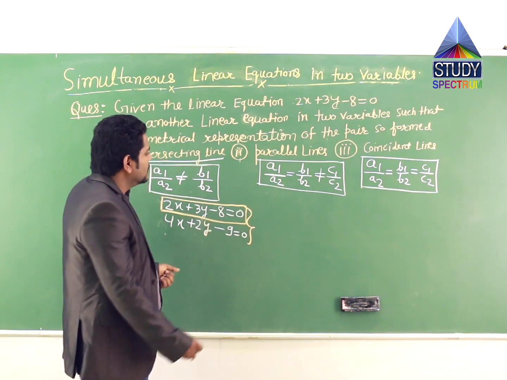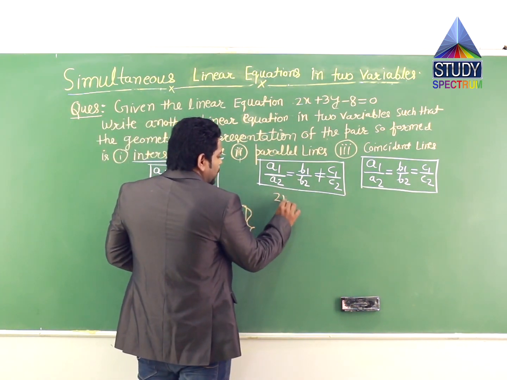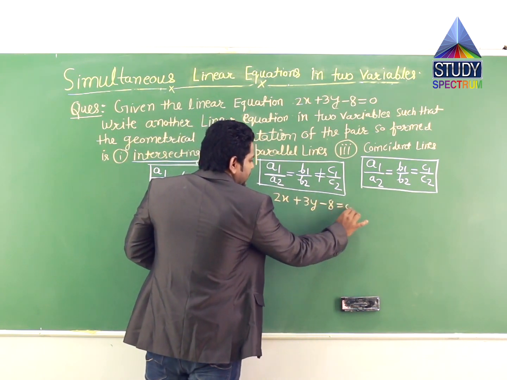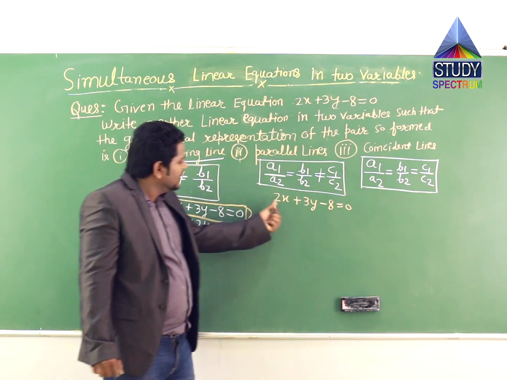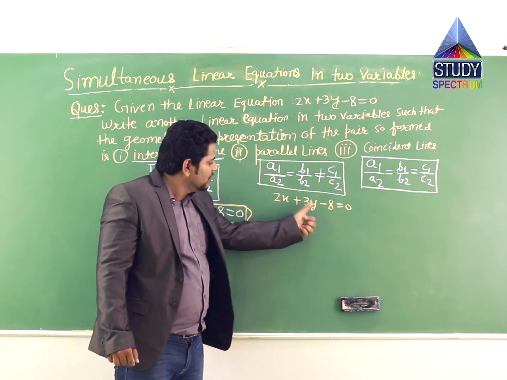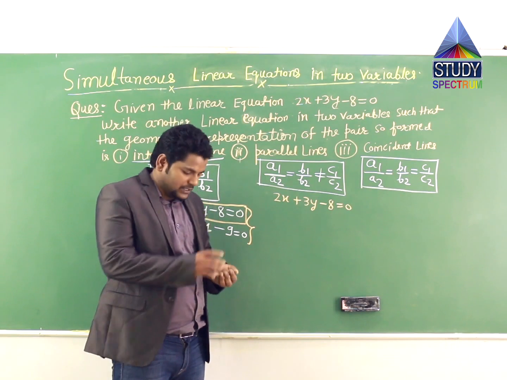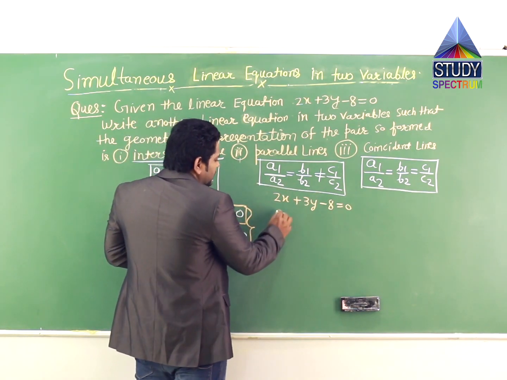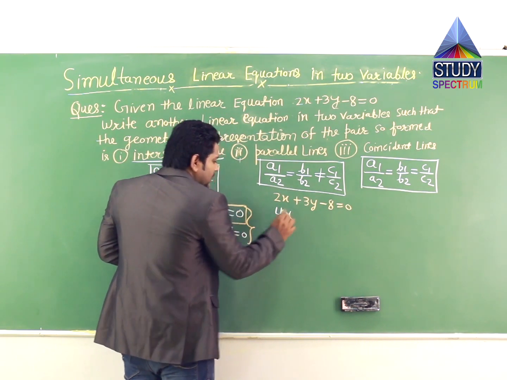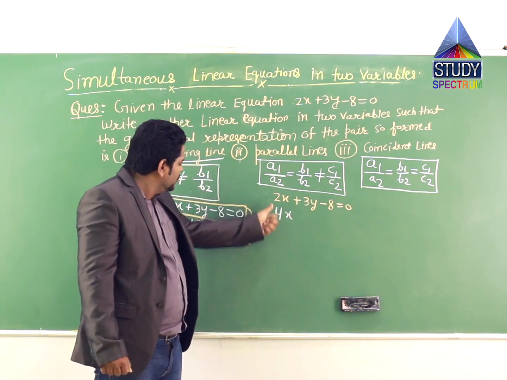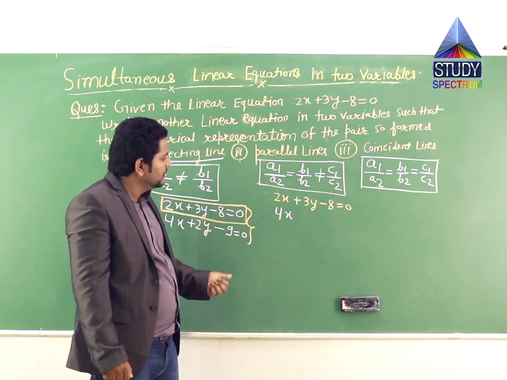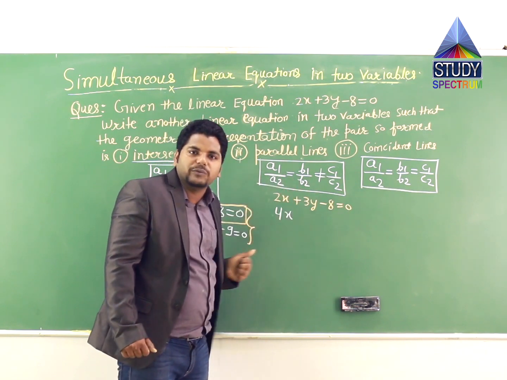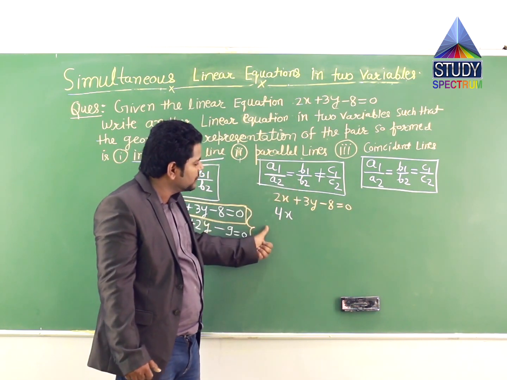The equation is given: 2x plus 3y minus 8 equal to 0. Here we have to make the ratio of the coefficients of x and of y equal. Suppose we have written 4x here. So a1 by a2 is 2 by 4, which is 1 by 2. For being parallel lines, b1 by b2 should be equal to a1 by a2, which is 1 by 2.